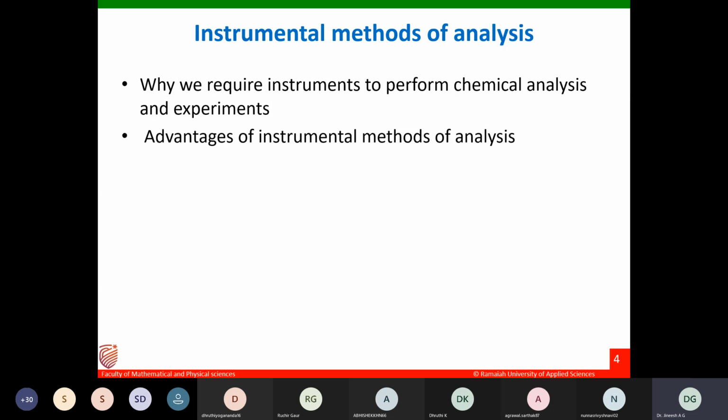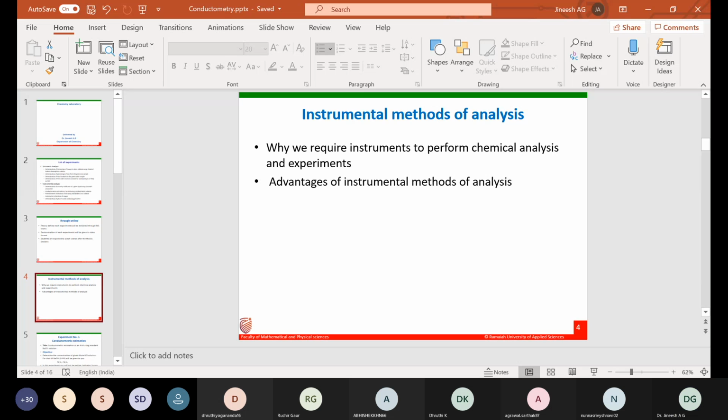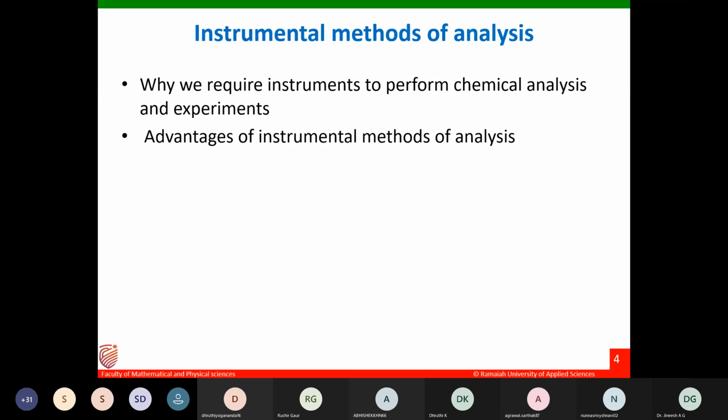Second point. All of you have performed volumetric analysis. You identified the end point with the help of an indicator by noticing the color change, am I right?